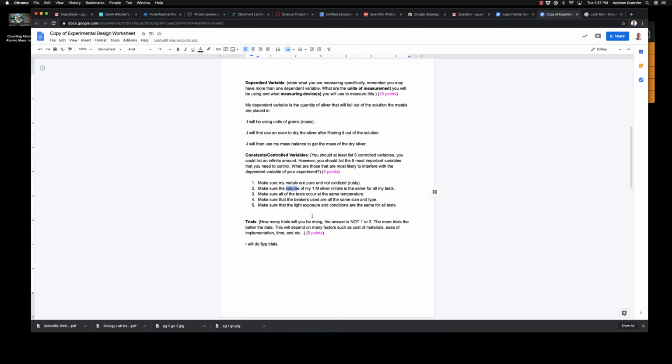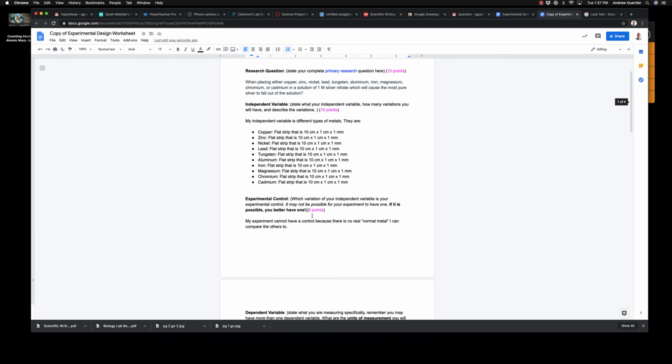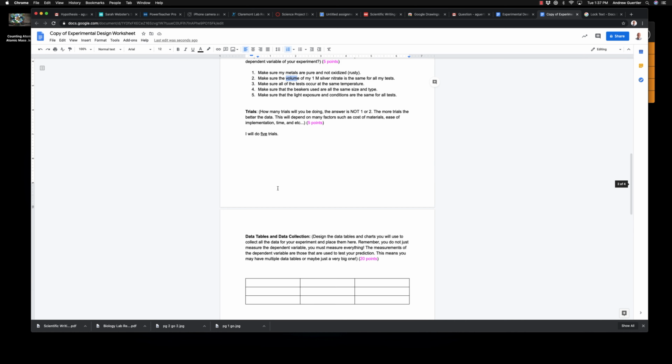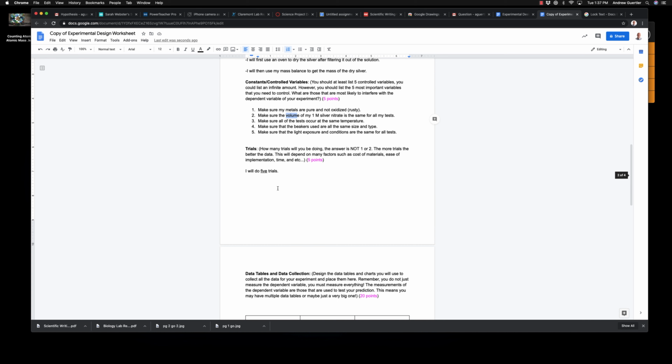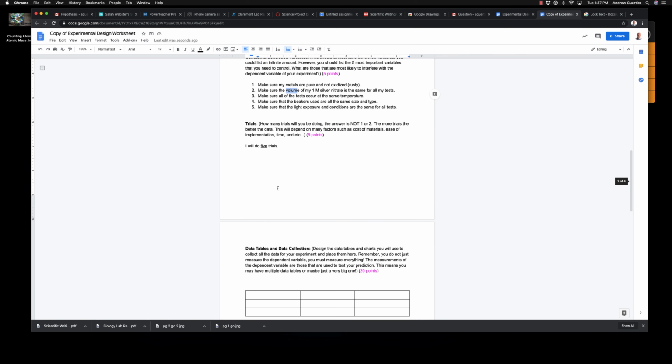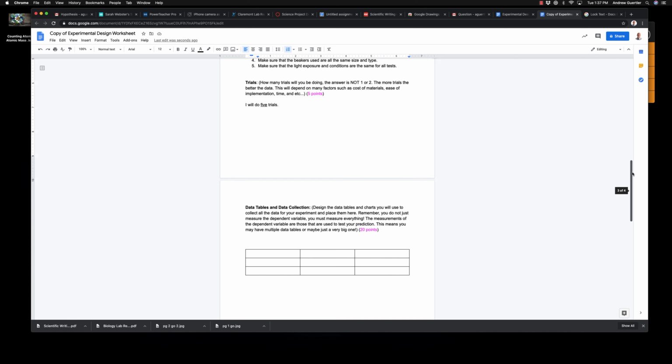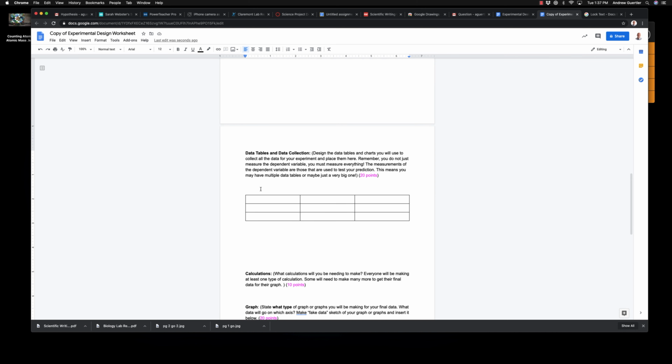So let's go ahead and make a data table for that. Let's see. So, oh boy, where am I going? All over the place here. So how about I make a data table for my silver nitrate solution.